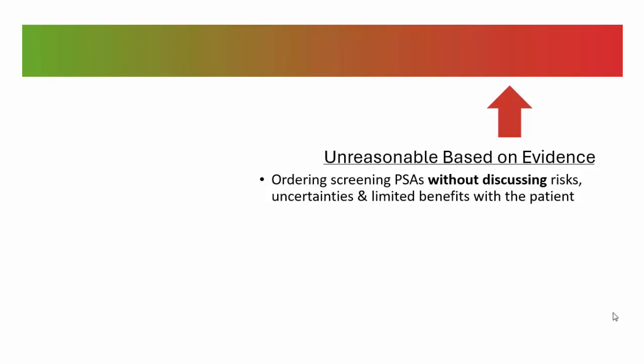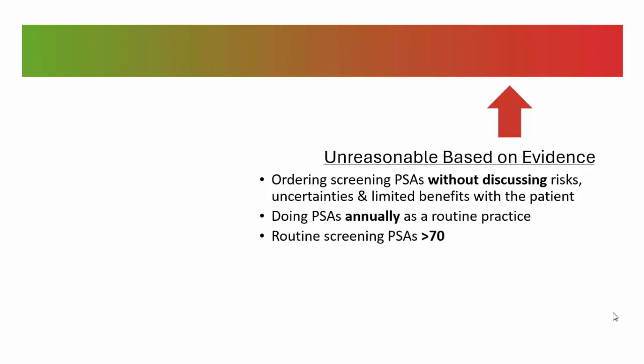Now we'll get into the unreasonable options, and unfortunately there are a lot of things on this list that many providers are doing. I'm all for provider and patient autonomy, but if we're going to be an evidence-based profession, at a certain point we just have to draw the line and say some things are just wrong. So ordering screening PSAs without discussing the risks, uncertainties, and limited benefits with patients is not reasonable. Doing annual PSAs as a routine practice is not reasonable based on the evidence.